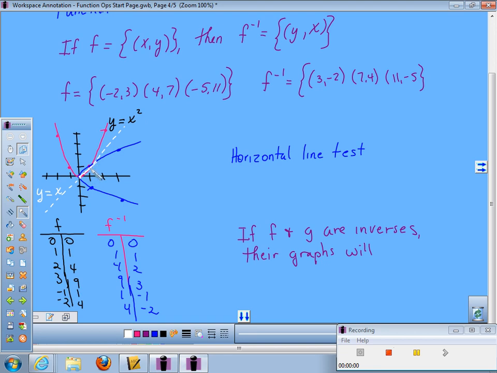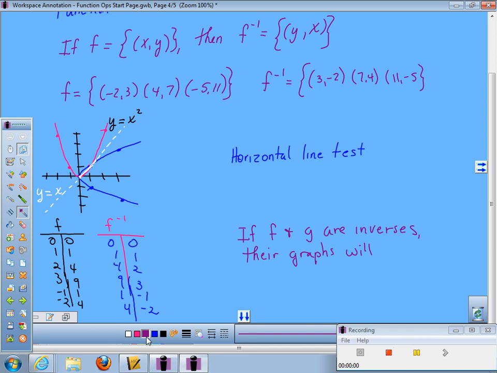goes through that line. Unfortunately, my calibration isn't working so good here because I'm not getting it down the middle of that little gap very well, as much as I wanted it to. But it should actually be right down the middle of that gap. All inverses reflect over that line. If you graph any function and you graph its inverse function, they will always reflect over the line y equals x.